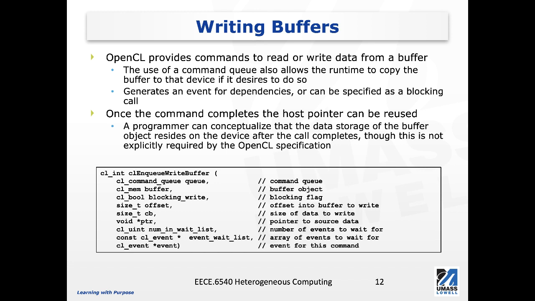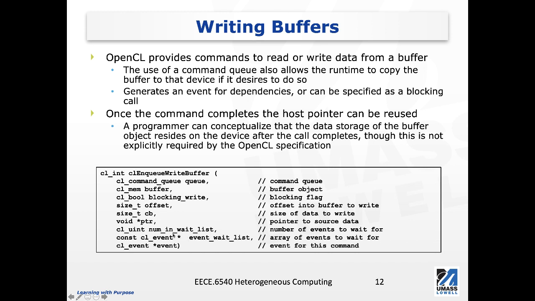This slide shows the details of the clEnqueueWriteBuffer API call. As you can see, this API takes the command queue as an argument, the buffer object, and a flag indicating whether it's a blocking write or not. It also needs to specify the offset into the buffer to write to, the number of bytes to be written to the buffer, and the pointer to the source data we want to copy the data from.